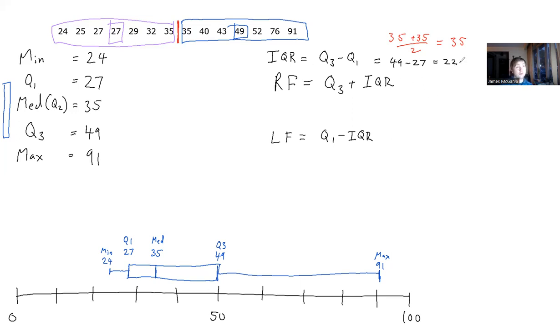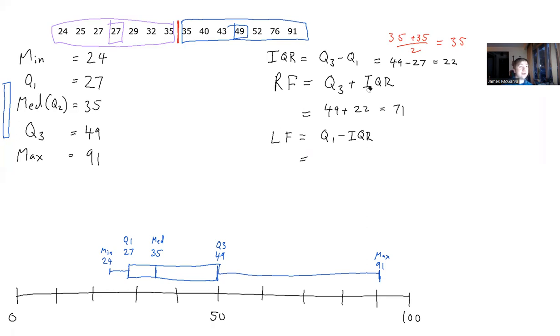All right, so that's my interquartile range. And so I use this interquartile range to calculate my fences. My right fence is at 49 plus 22 is 71. And my left fence is, sorry, oh my goodness, I'm very sorry.